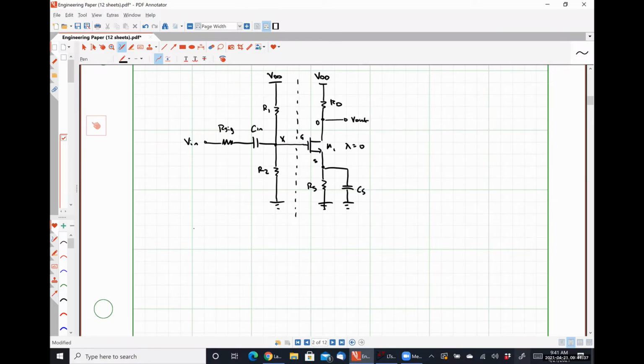So I would have input voltage Vn, R sig in series with Cn. Here is R1. Here is R2.